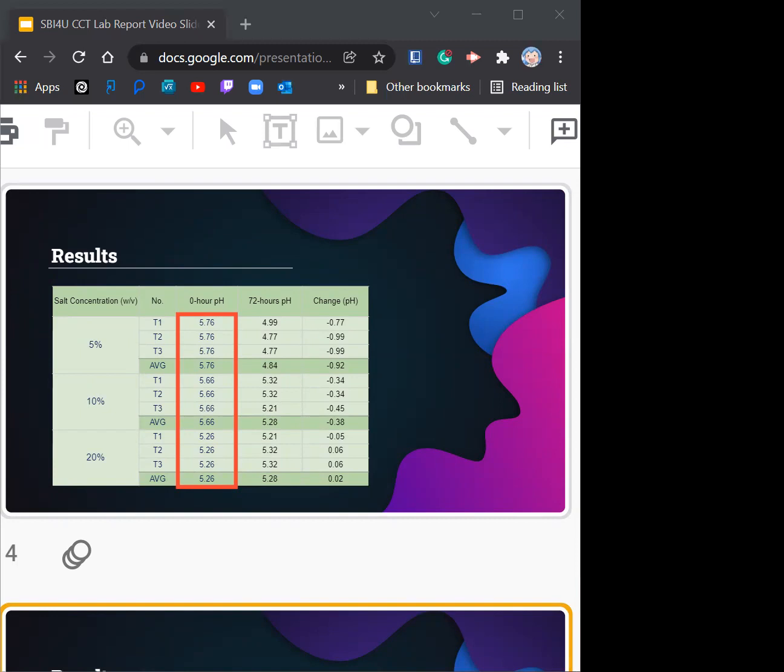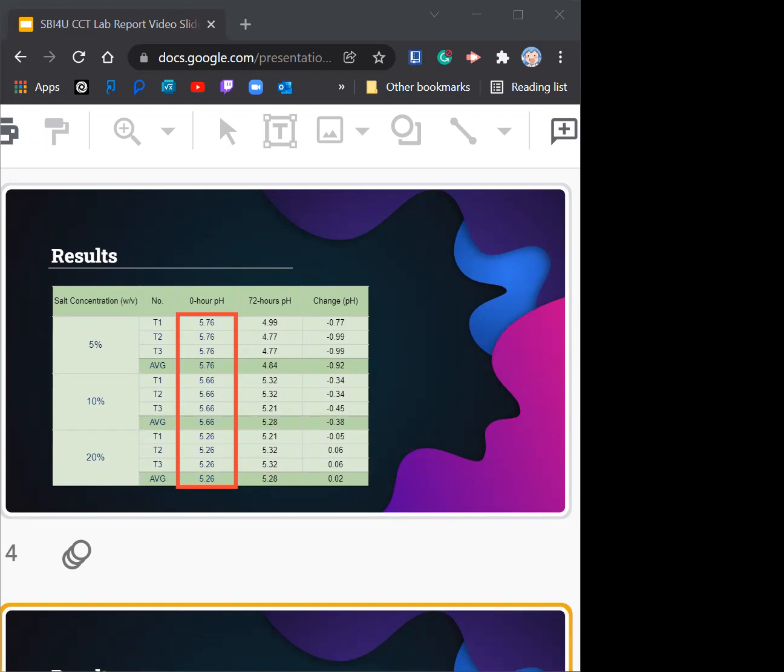After the fermentation period of the glutinous rice, the one with less salt decreased in pH as more organic acids and CO2 was produced. So my pH was 4.84. For 10%, it decreased by a little bit, 5.58. And for 20%, it kind of increased or stayed the same.